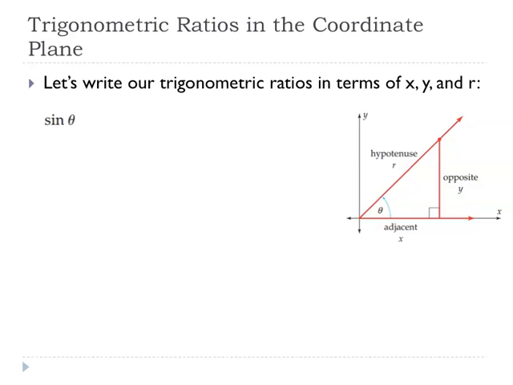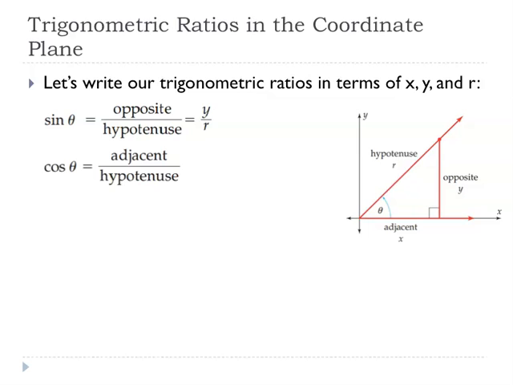Starting off with sine of theta, we're using our regular SOHCAHTOA because we're working with the right triangle here. So sine of theta is equal to opposite over hypotenuse, which in this case is y over r. Cosine theta is equal to adjacent over hypotenuse, which is x over r. In the same way, we can find tangent, and we can find the reciprocal trig ratios just by flipping the fractions.